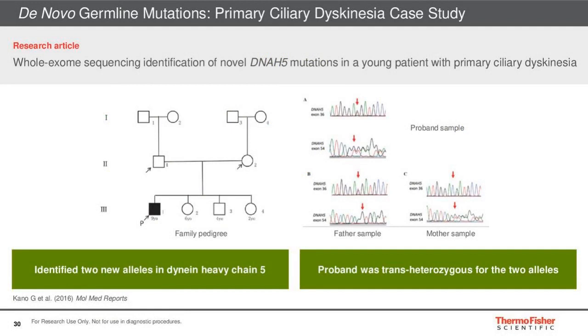They did whole exome sequencing using the AmpliSeq exome kit. And they were able to identify 2 DNAH5 mutations. The mother was heterozygous for 1 defective allele, and the father was heterozygous for a different defective allele in the same gene. And the affected child had 1 of each of the defective alleles inherited from their parents.